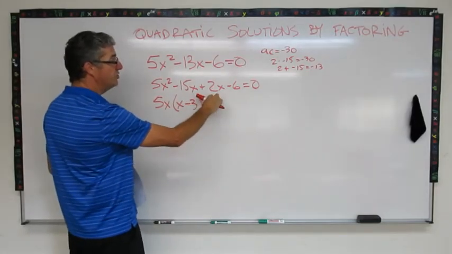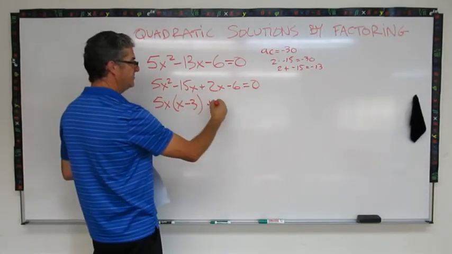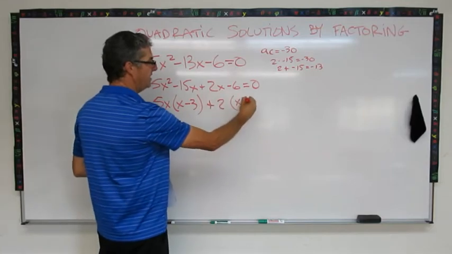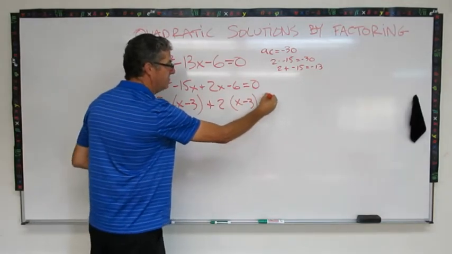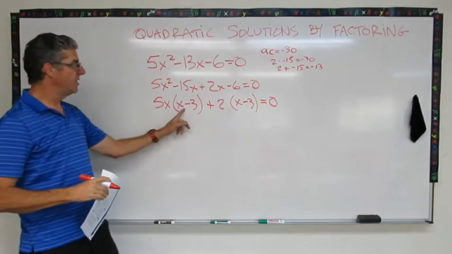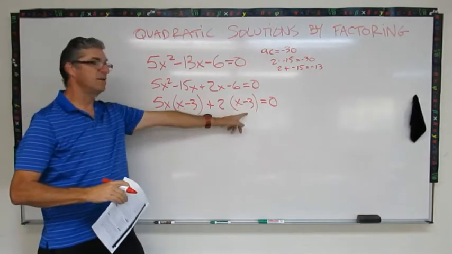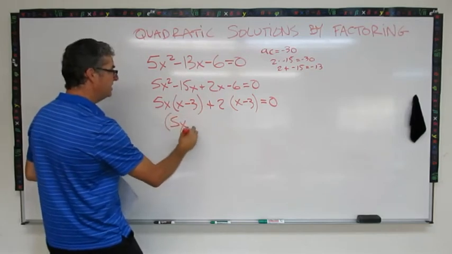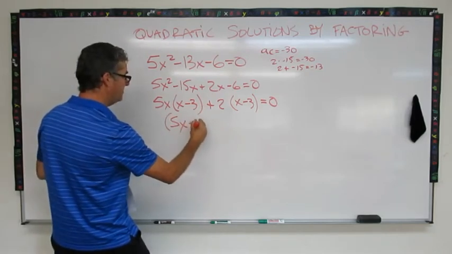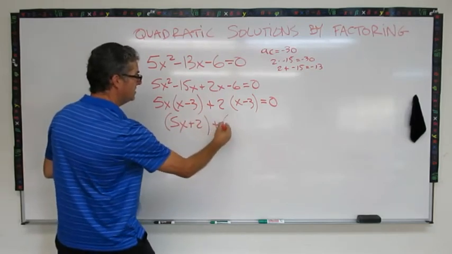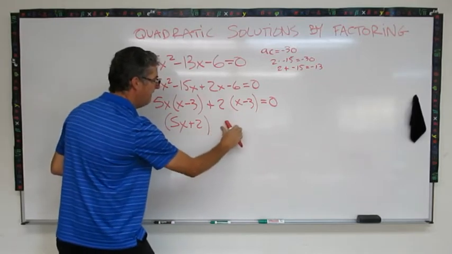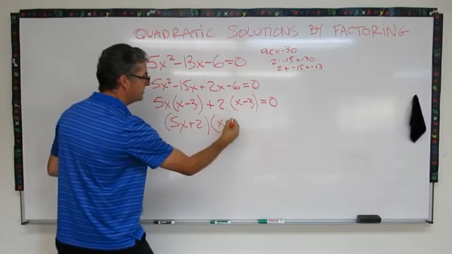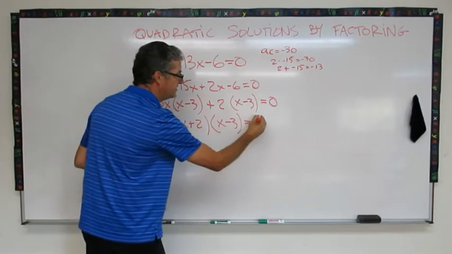And then I've got a 2 in both those terms, so this becomes 2 times x minus 3, all equal to 0. And now we have our check. We know that we did this right because I have x minus 3 in both spots. The last step here for the factoring is 5x plus 2 times x minus 3 equals 0.